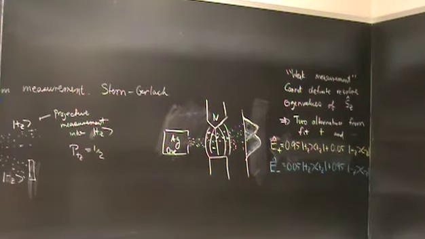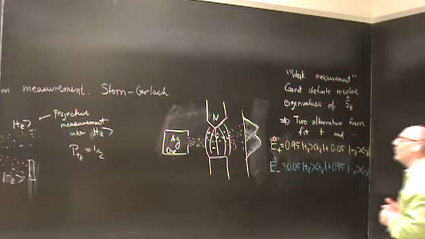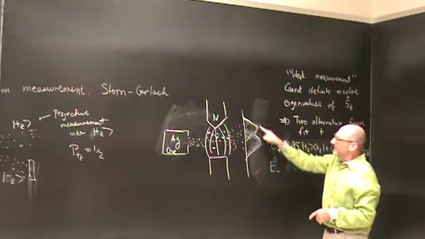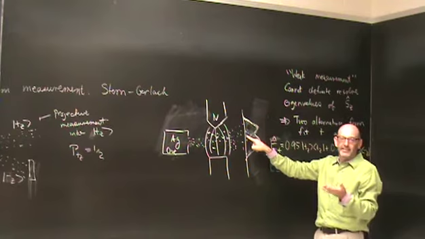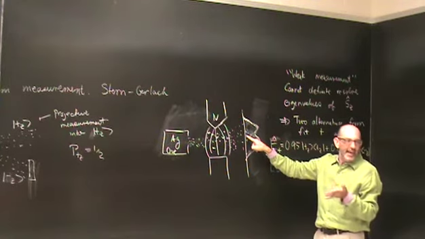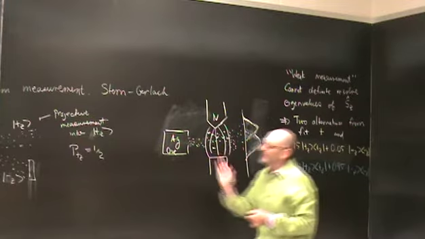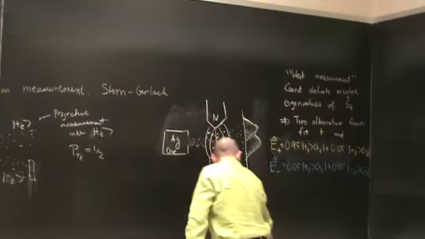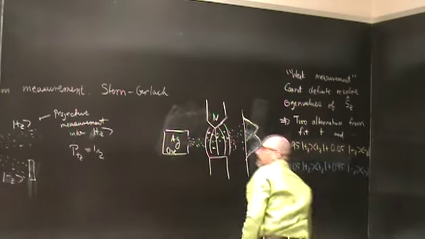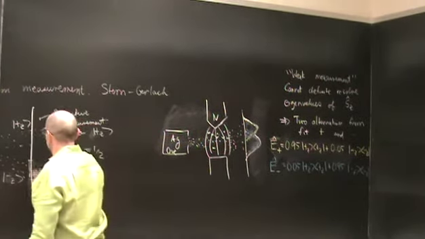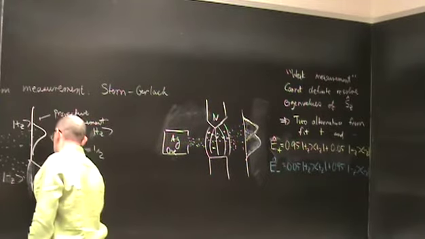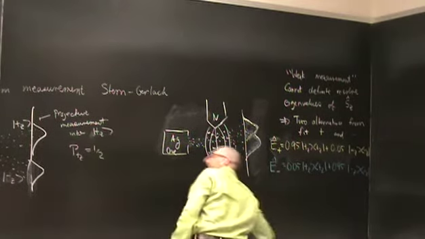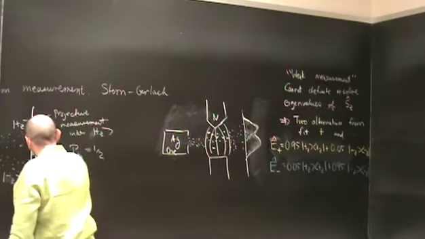So there's no way to completely distinguish whether the atom is in this hump or that. If it lands here, I can't really say what its state was, right? Whereas if I put the screen over here, then these two alternatives, I can give them color if I like, because it's kind of nice once in a while.